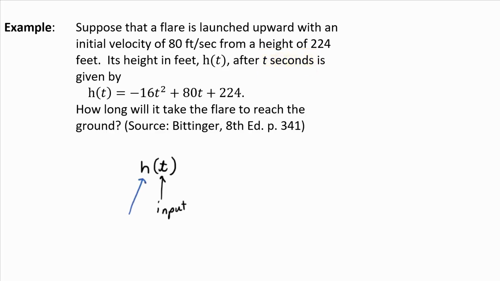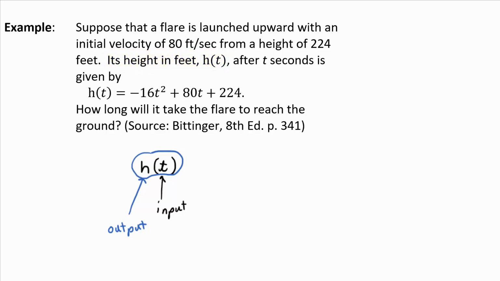The output is h of t, right? The output is the entire thing, h of t. What is that? Oh, that's the height. The height of the flare after t seconds.